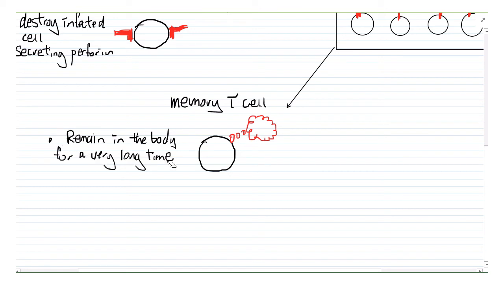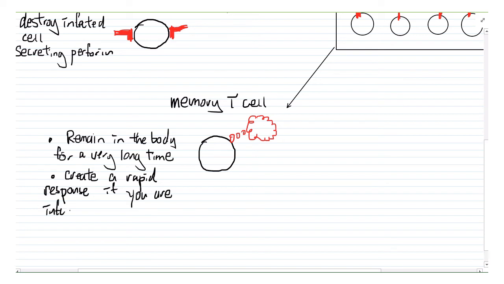But for the most part, they remain in the body for a very long time, and are able to create a rapid response if you are infected by the same pathogen.